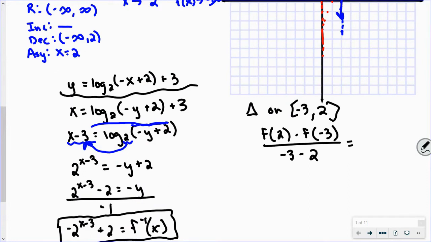So we have log base 2 of negative x, or sorry, negative 2, because the x is negative, so negative positive 2, plus 2, plus 3.